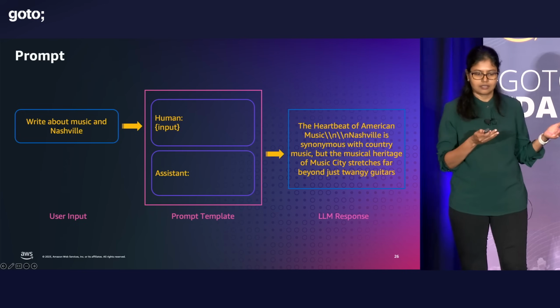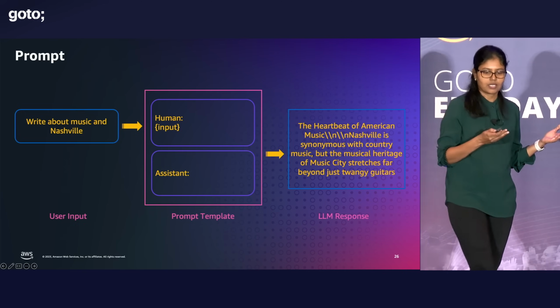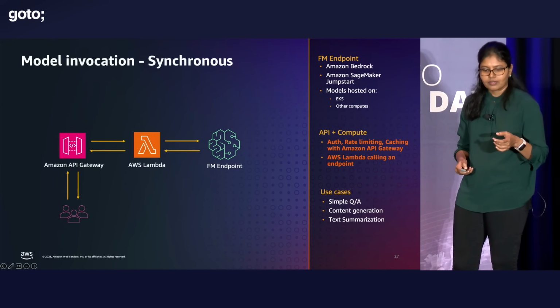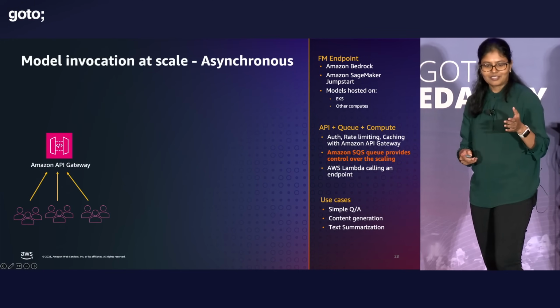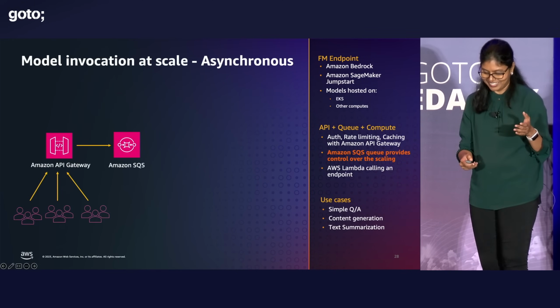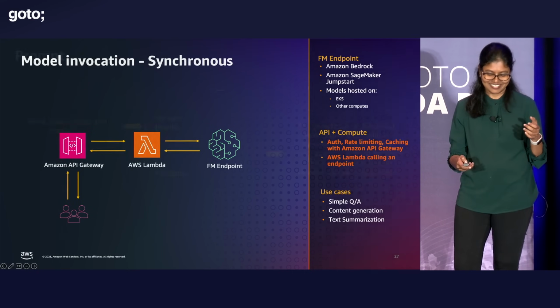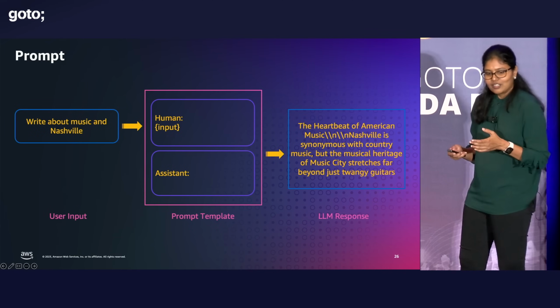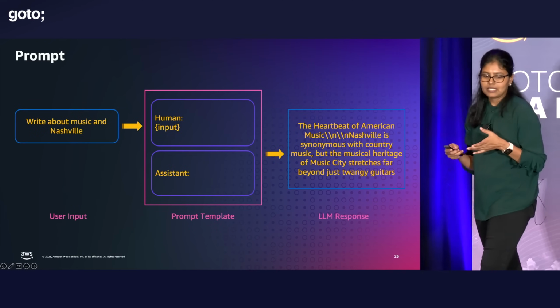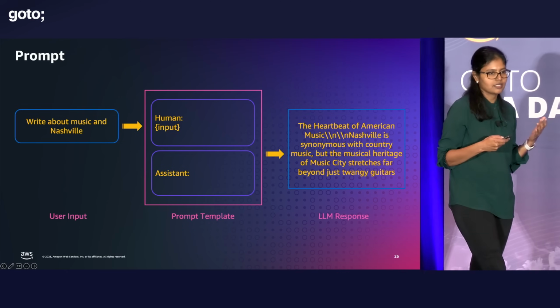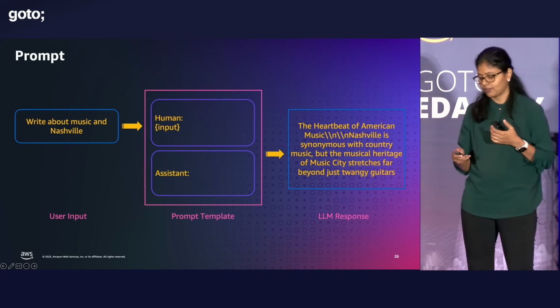So I asked this chatbot, write about music in Nashville, and I had a simple prompt template. I used it for an Anthropic model, with Human, and then input, and Assistant, and it gave me a beautiful answer.